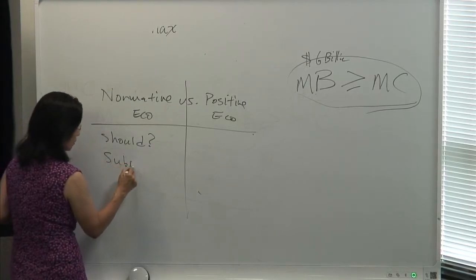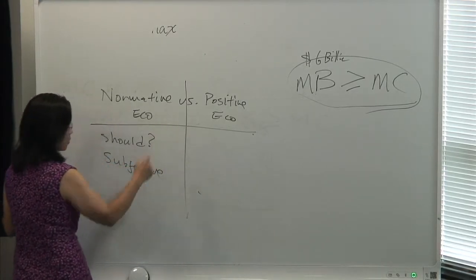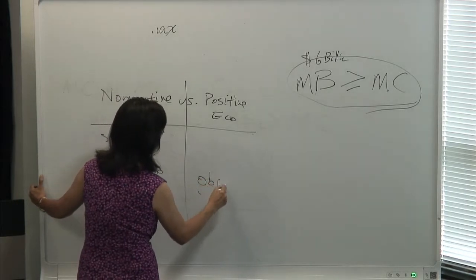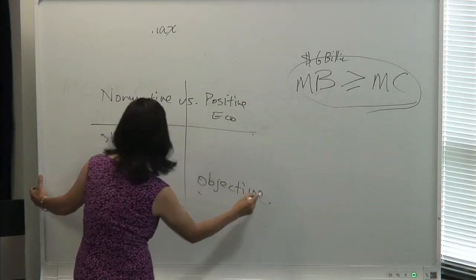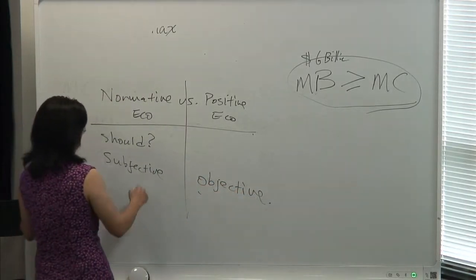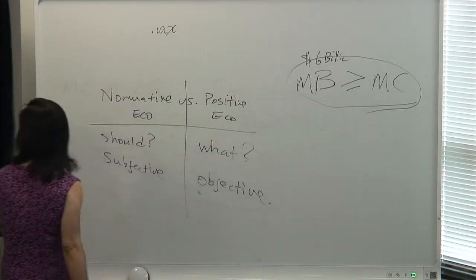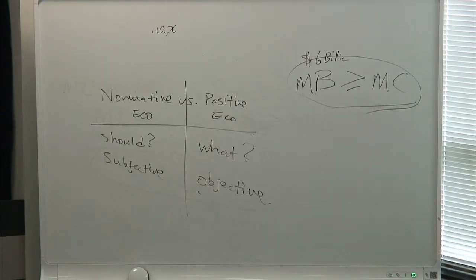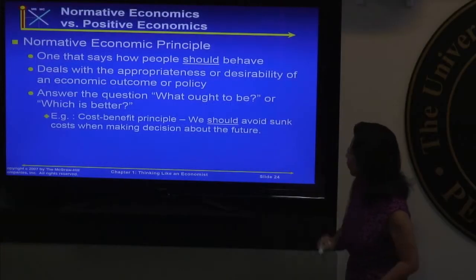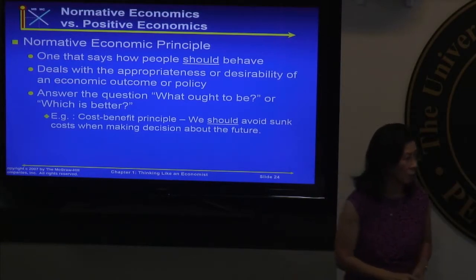It's subjective, unlike positive economics, which is objective. It deals with appropriateness or desirability of an economic outcome or policy.